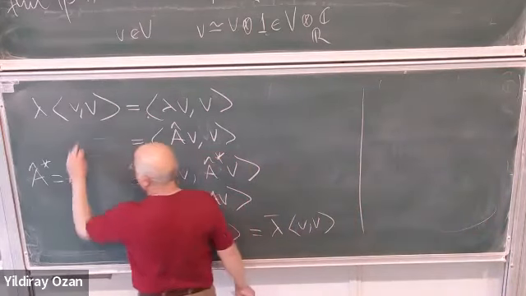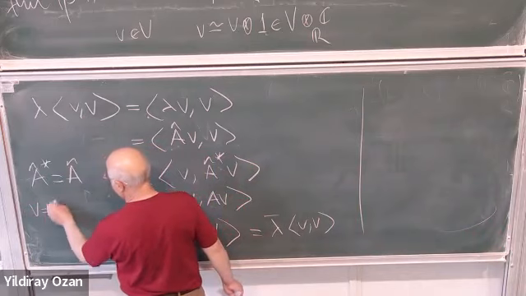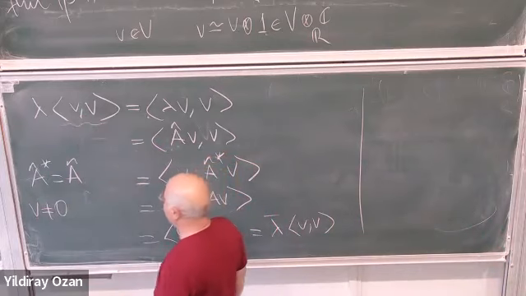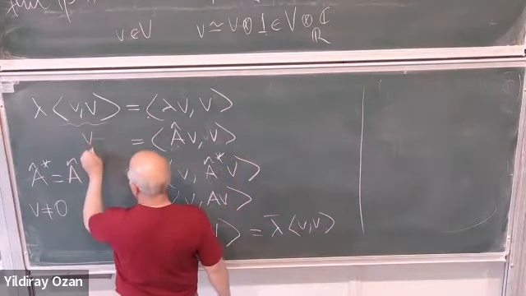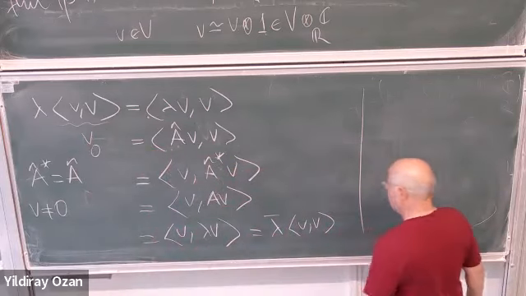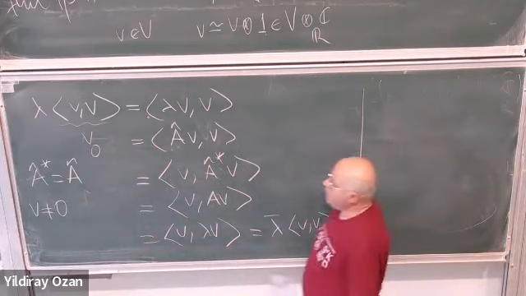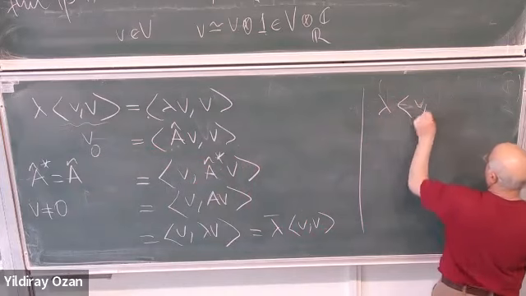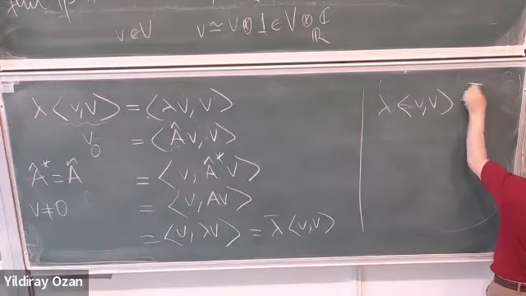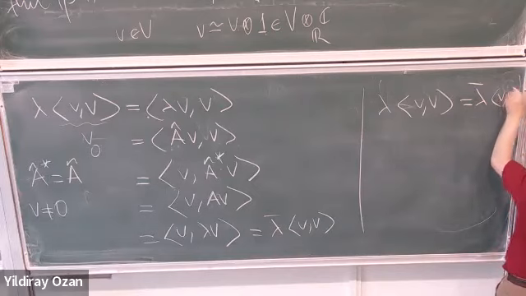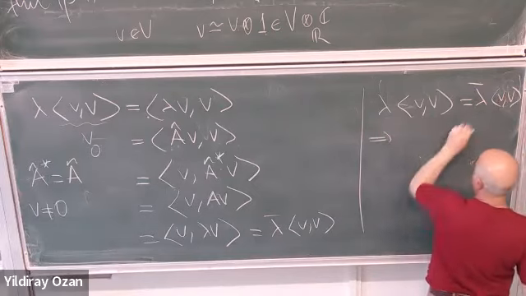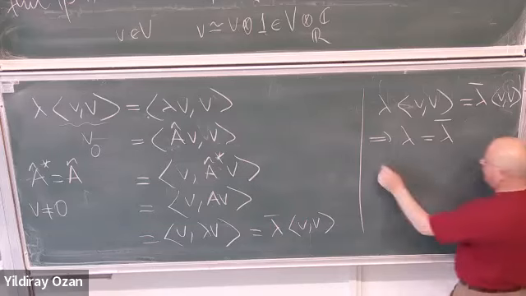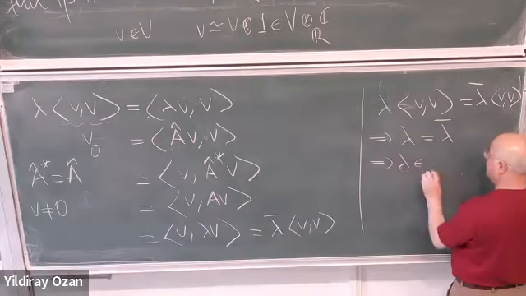But I know that v is an eigenvector, therefore v is not zero. Therefore, this norm is positive. So lambda times a positive number is equal to lambda bar times the same positive number. This implies that lambda and lambda bar are the same, but this is possible only if this is a real number.